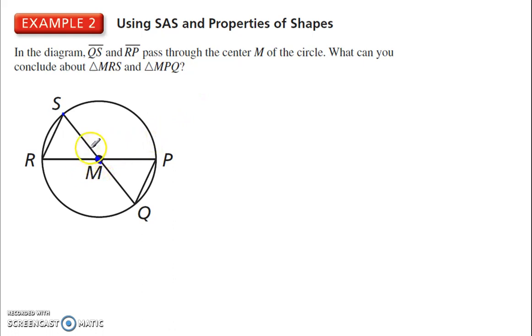We can also say that this angle SMR, is congruent to this angle right here, angle PMQ because vertical angles. So we know those are the same.